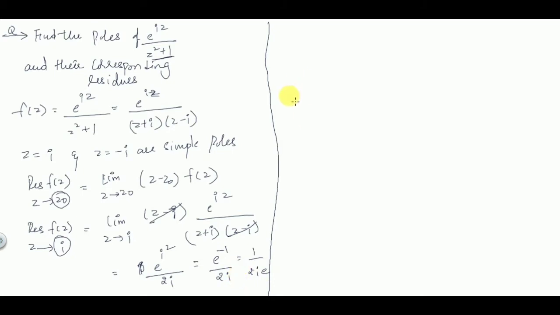You can keep it as it is, or if you multiply with i in the numerator and in the denominator also, you'll get 2i square e, so it will be minus i by 2e.